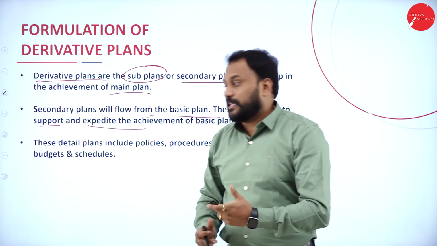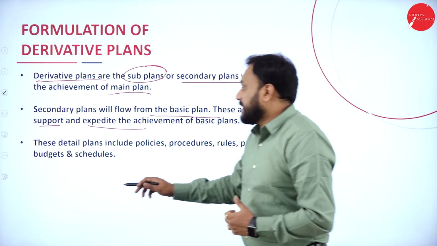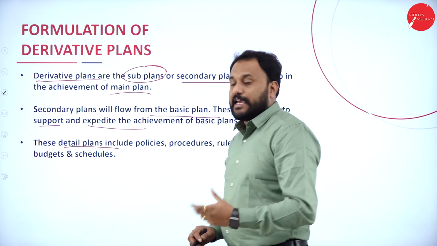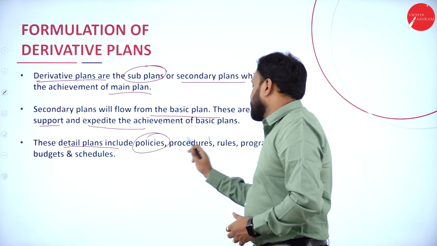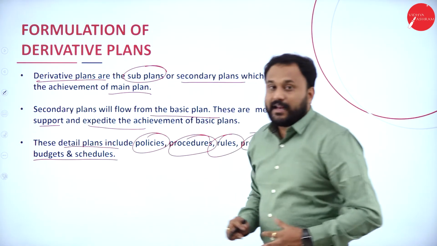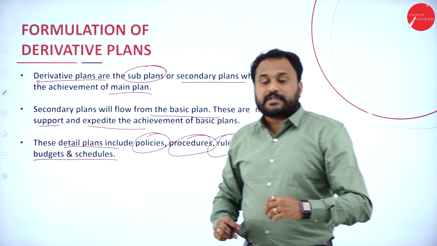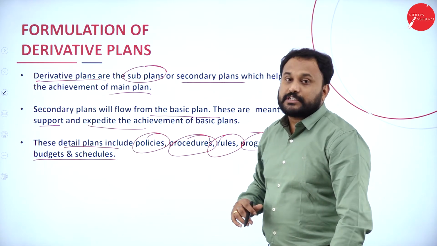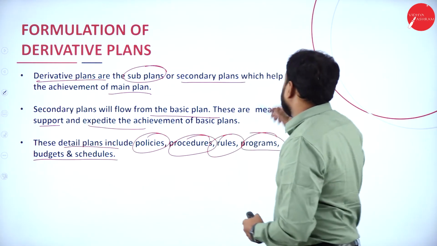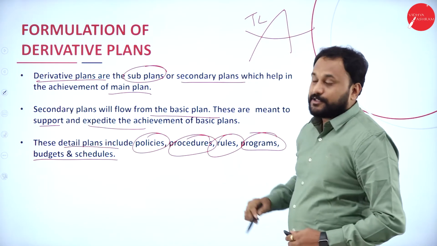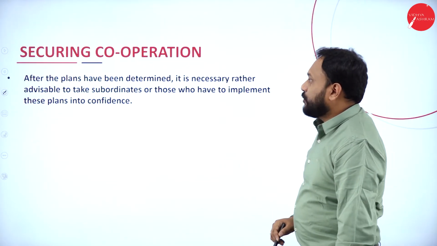These detailed plans include policies, procedures, rules, programs, budgets, and schedules. You have everything so that you can achieve the main goal, which is again done by the top level management. See, all plans are done by whom? The top level management.